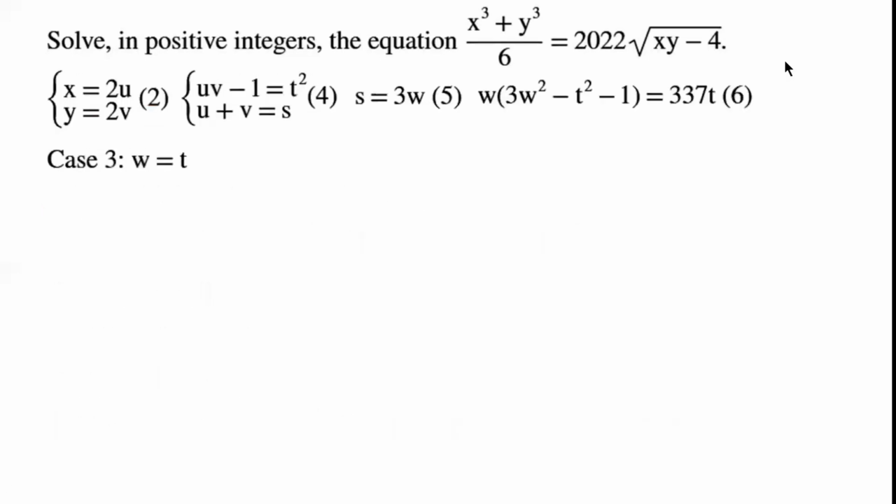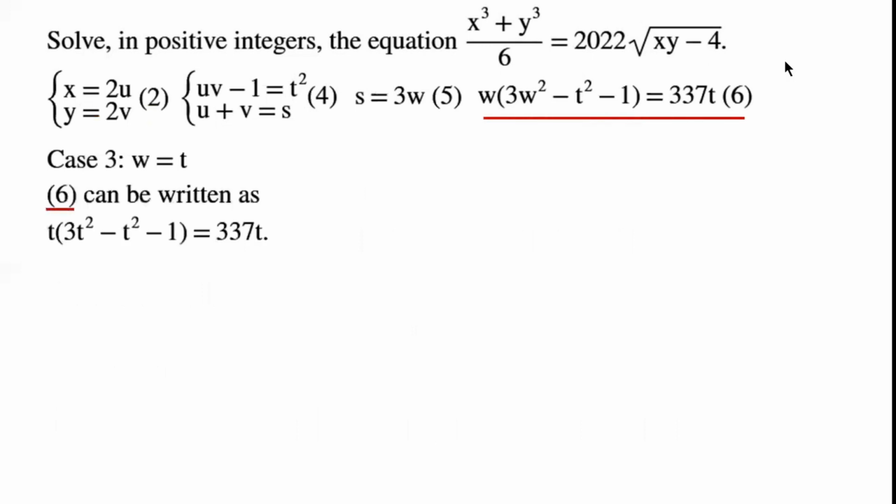Case 3, w equals t. Equation 6 can be written as t times (3t squared minus t squared minus 1) equals 337t. 3t squared minus t squared is 2t squared.